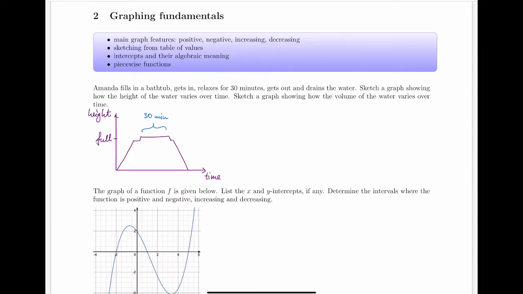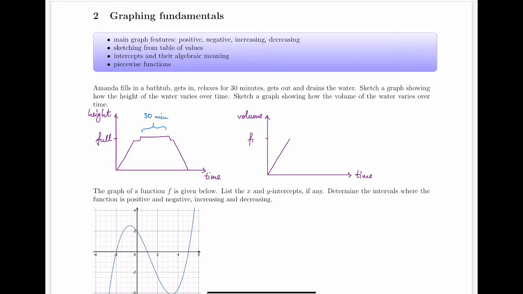Let's take a look now at how to sketch the graph of the exact same scenario, but in terms of the volume of the water. Here, the vertical axis will correspond to the volume of the water, whereas the horizontal one will continue to play the role of time. What happened here is the volume of the water in the tub was obviously increasing as the tub was getting full.